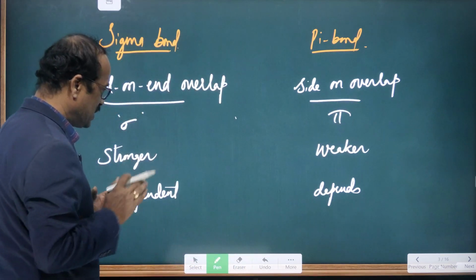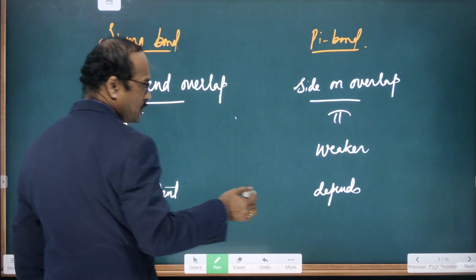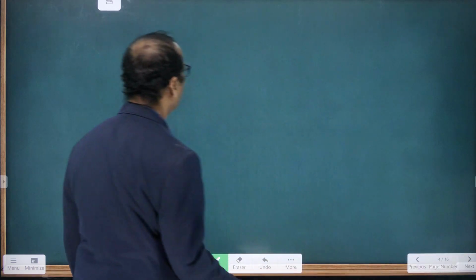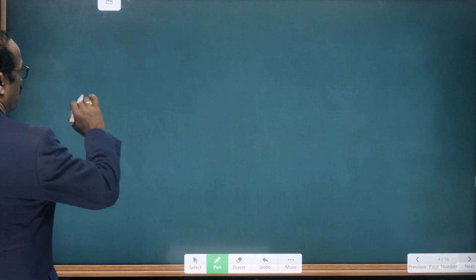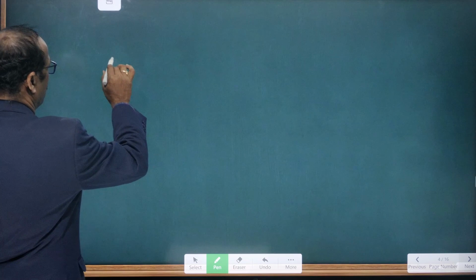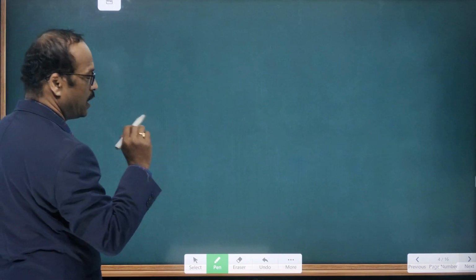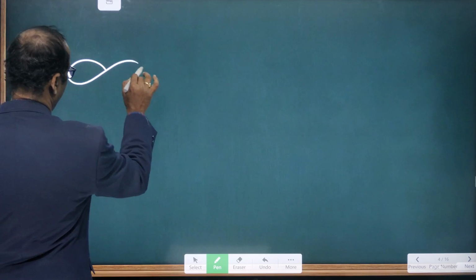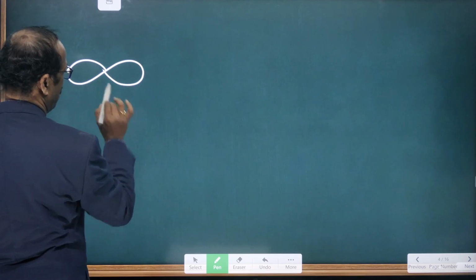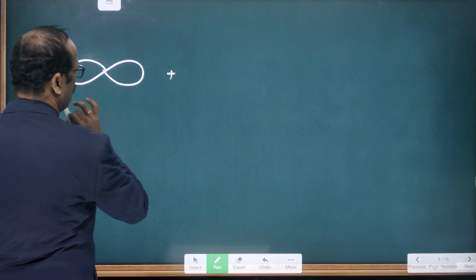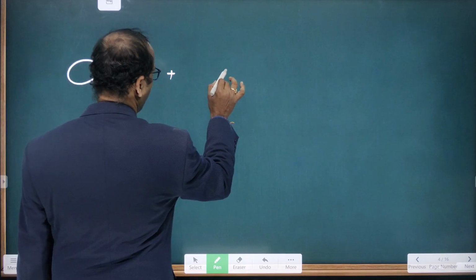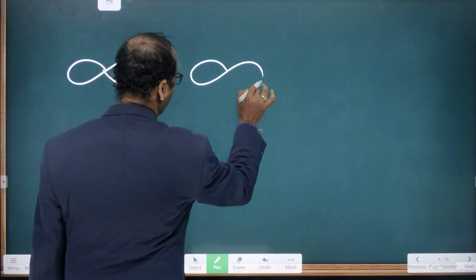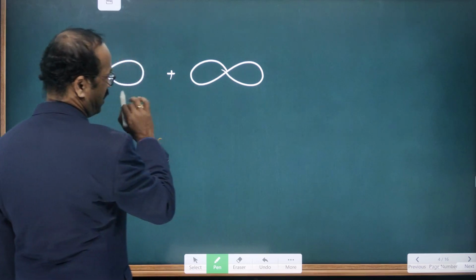Now, what is this end-on-end overlap and what is side-on overlap? Students, you know that, for example, the p orbital shape is what? Dumbbell, right? So this is one p orbital, which is dumbbell shaped, and this p orbital of one atom overlaps with the p orbital of another atom like this.